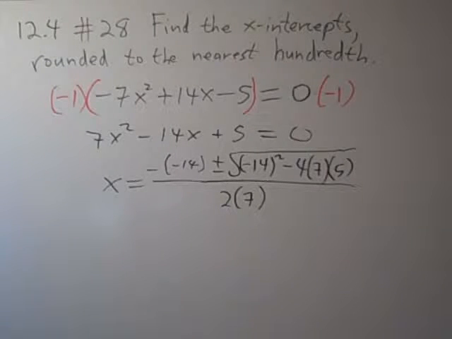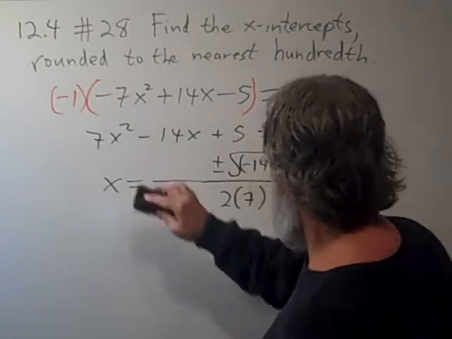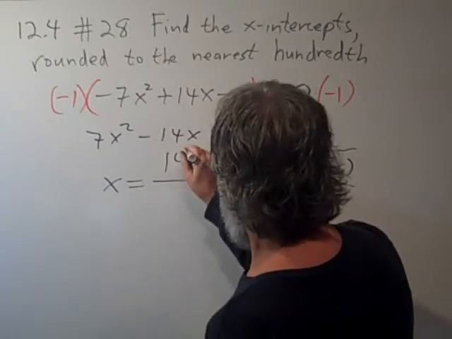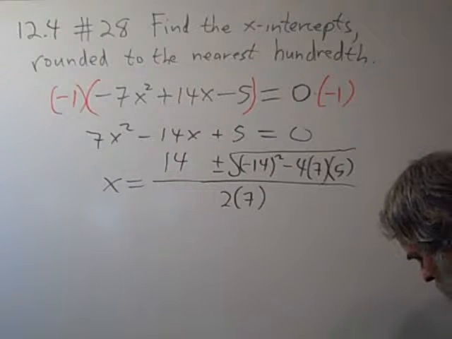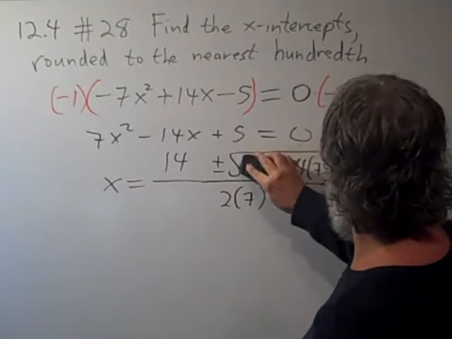So now to simplify this, negative of a -14 is 14. 14 squared is 196.